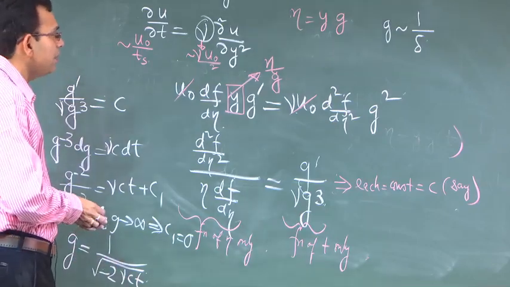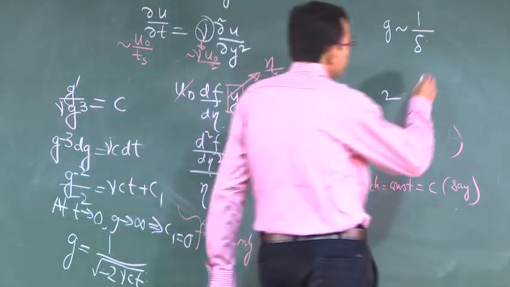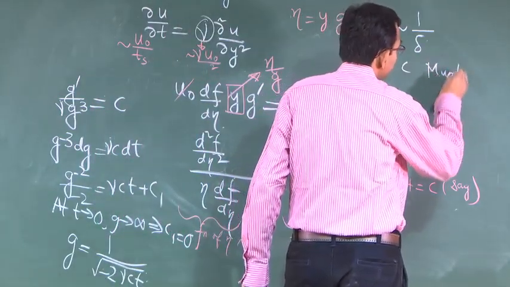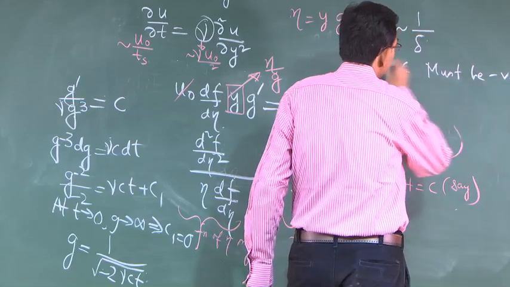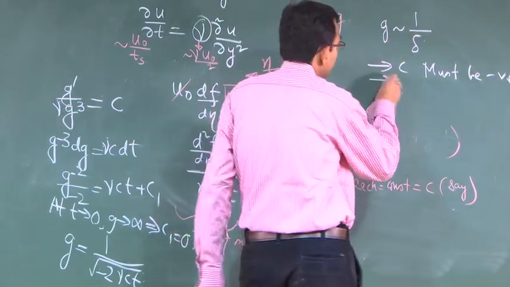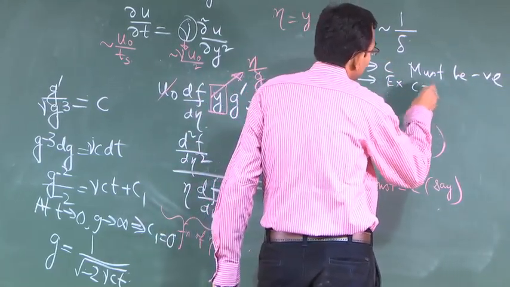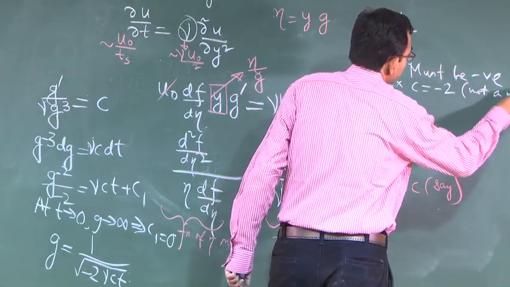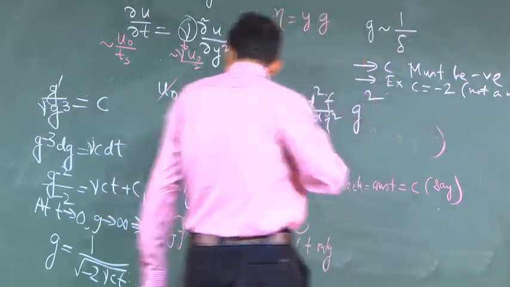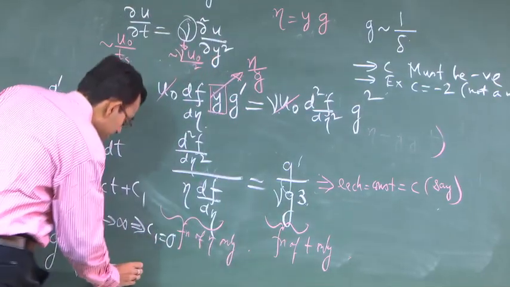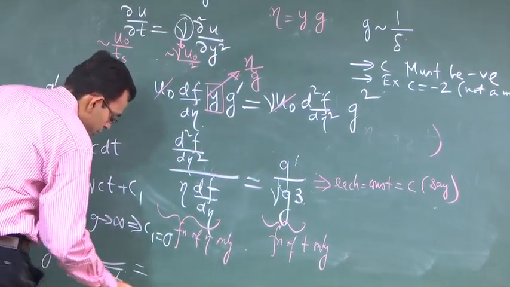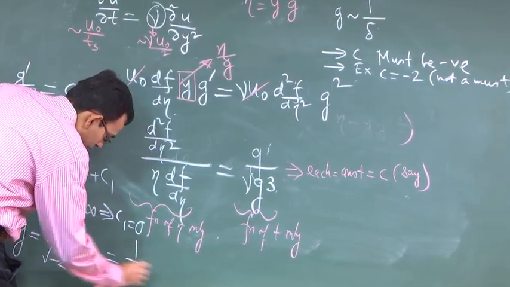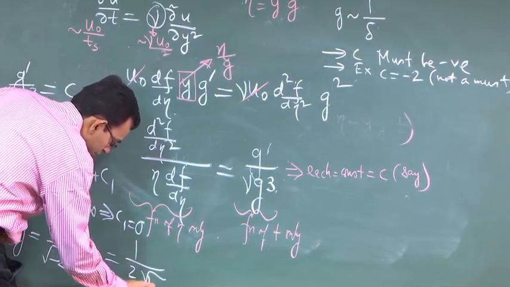For example, you can take c is equal to minus 2, it is not a must, but it is convenient because then you know this 2 comes out of the square root. So, then you will get 1 by 2 root nu t.